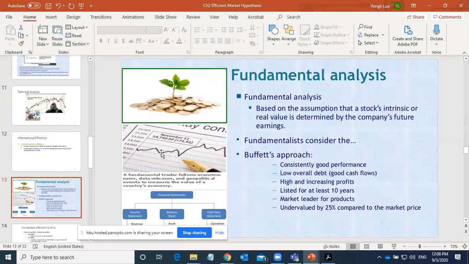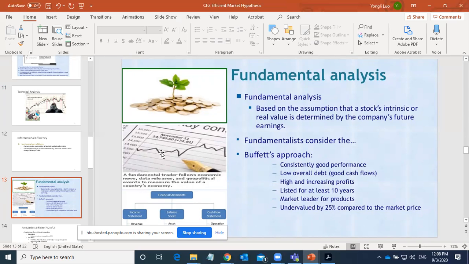You do fundamental analysis. That's why you spend money to study finance or accounting.